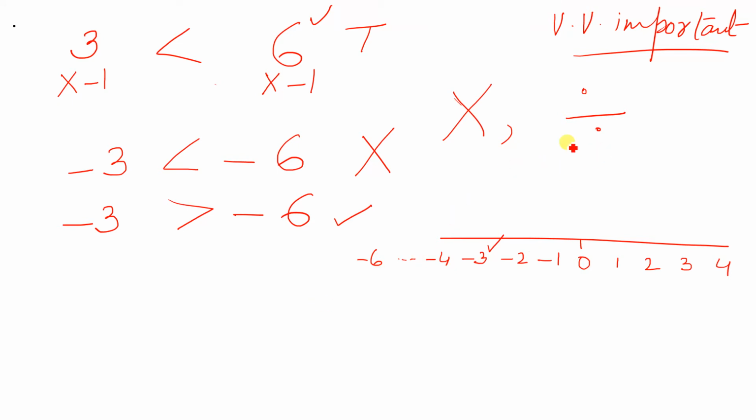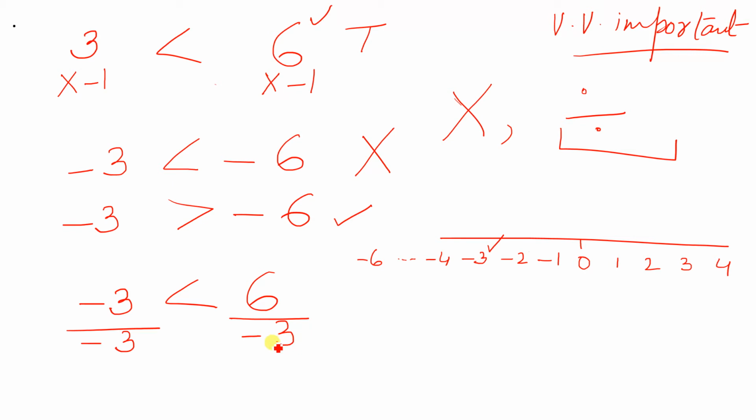Same thing I will show you when we divide. So see, the question is 3 is less than 6. If I divide with negative 3, if it is negative here, then you have to divide this negative as well.